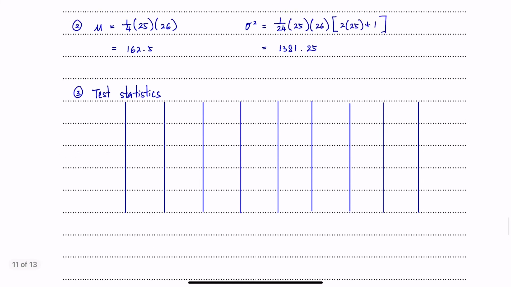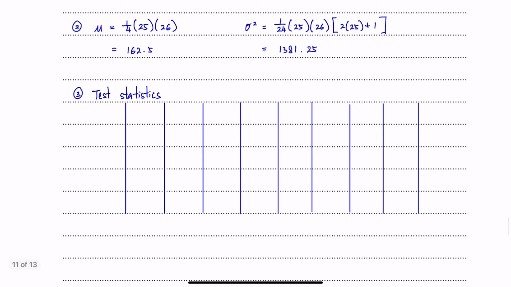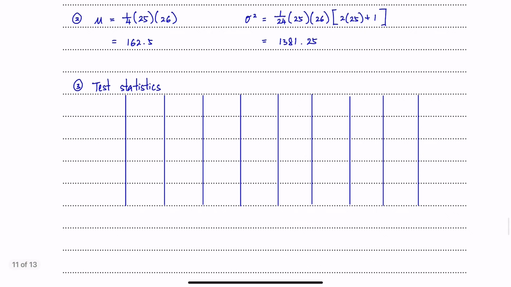So for the differences, I would use black, and for the ranking, I would use blue.